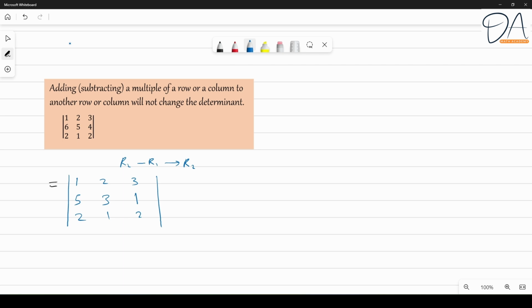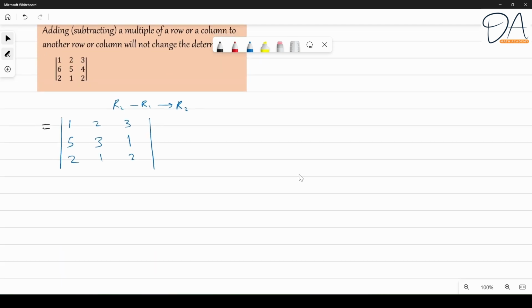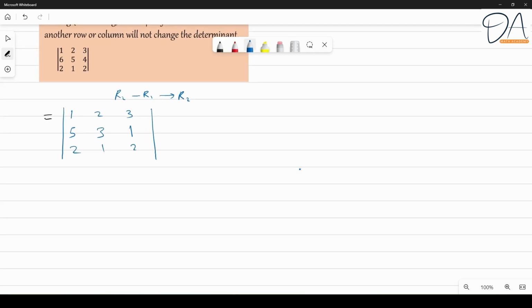Of course, you can use a multiple of a row, not necessarily just adding or subtracting a row. So for example, we could do something like this. Let's take the third row and add to it twice the second row, and this becomes our third row. So the first row will not be affected. The second row also will not be affected. However, the third row we are modifying.